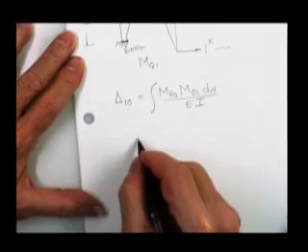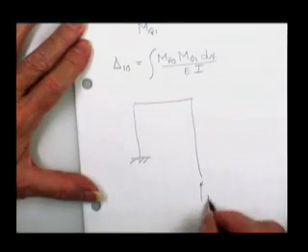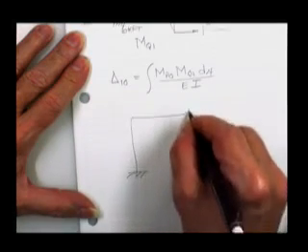Here's the moment diagram for a unit load in the number 2 direction on the tension side.